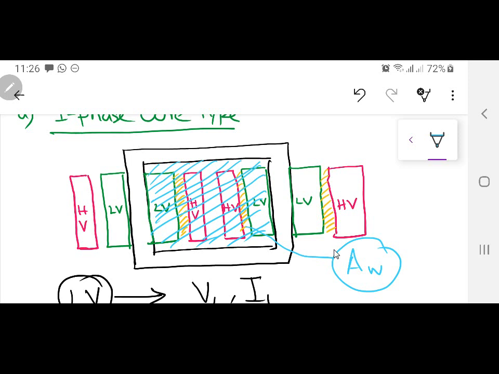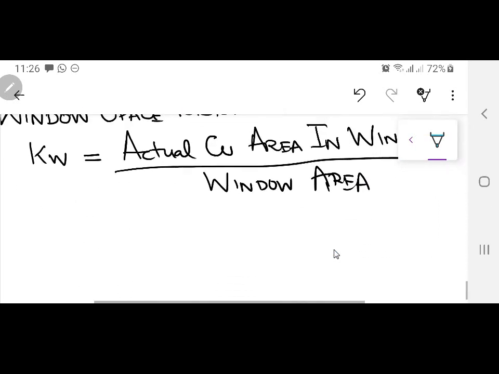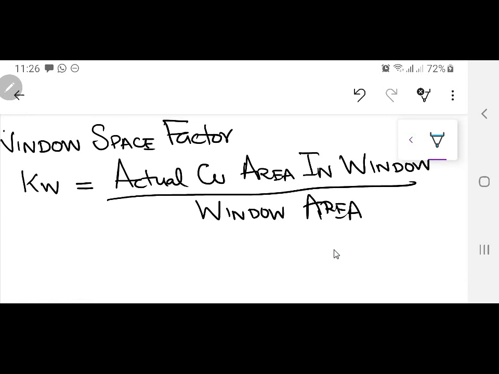If a transformer is a higher voltage transformer, the window space factor will be small. If it is just a simple 400 volt/400 or 400/200, then certainly the window space factor will be 0.9 or 0.8. But if you are having 11 kV, 20 kV, 33 kV, then this KW factor will be small. How are you going to decide this KW? There will be tables given to you, and those tables are based on the value of voltage inside your transformer.